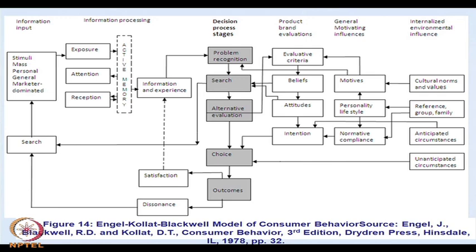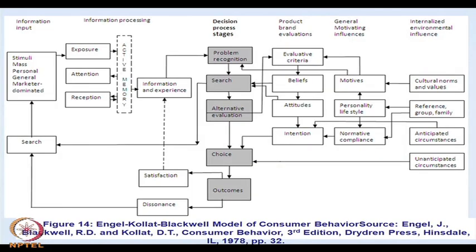It very comprehensively explains the relationship between the various constructs, like belief leading to attitude leading to intention, or evaluative criteria leading to a belief, leading to an attitude, and finally leading to a purchase intention.